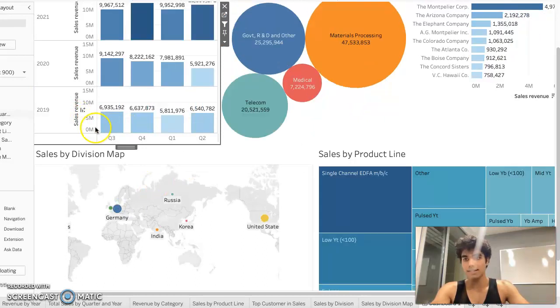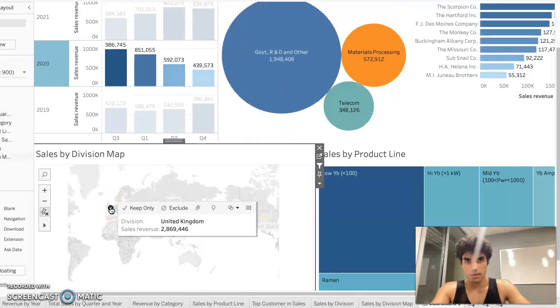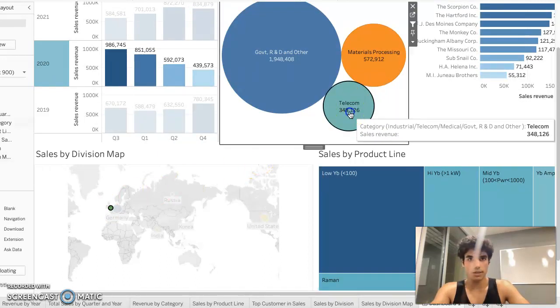Okay, for the next question, in 2020, which quarter had the highest sales in the telecom category under the UK division? What was the dollar amount? So we'll click on 2020. We'll click on United Kingdom, and we'll click on telecom category.